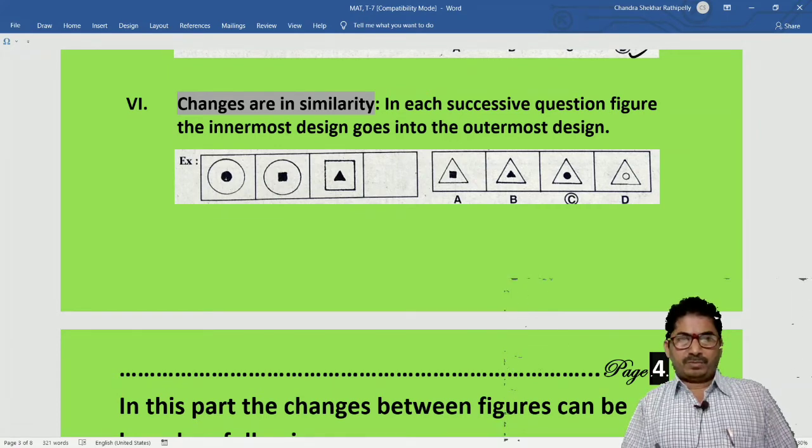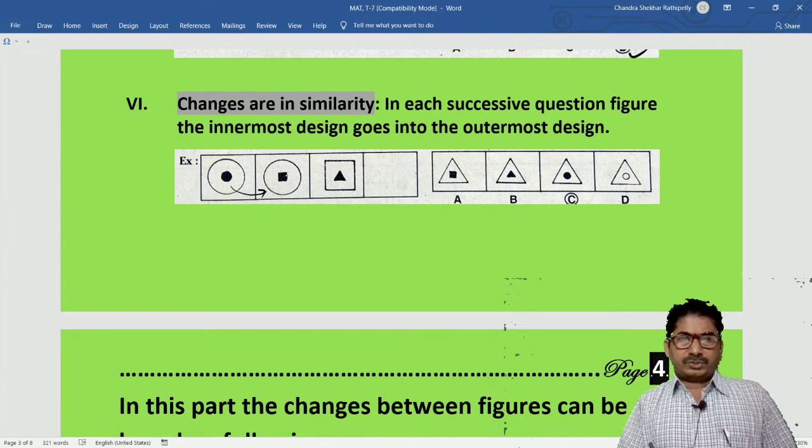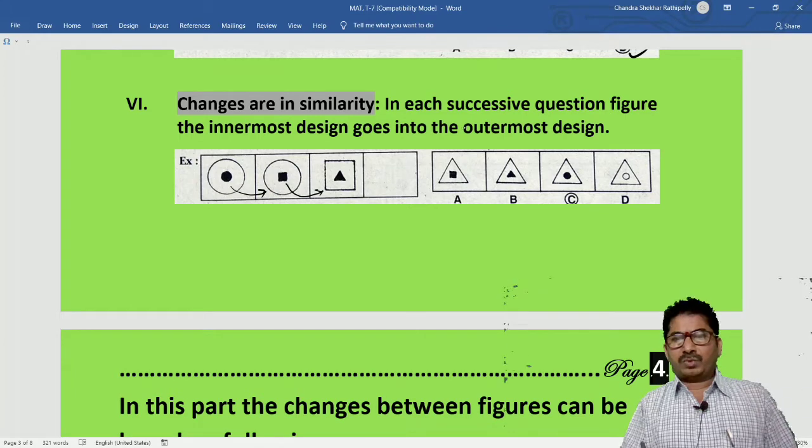So here we have a circle inside; this goes outside. Next, inside came one new one, a square. So the innermost design goes into the outer design. Next, this triangle, innermost design goes outermost.